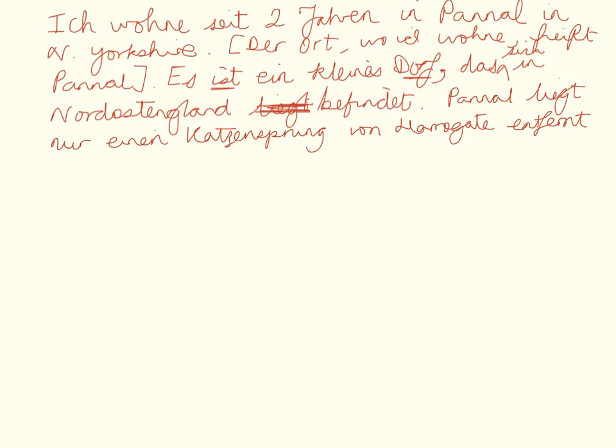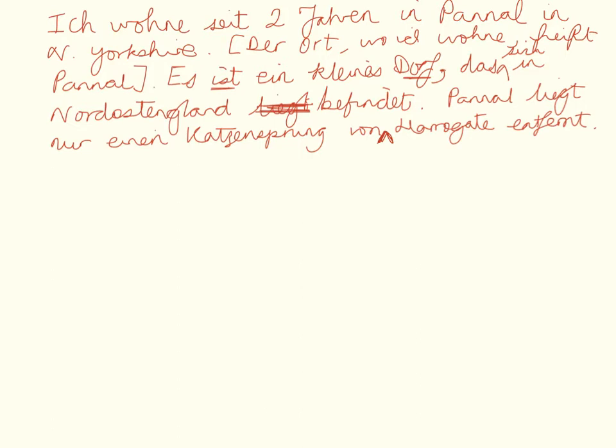I could say Pannal liegt nur 8 Kilometer von Harrogate. Right, I might want to say, let's think. Actually, you know what? Harrogate is actually quite famous because it's a spa town. So I'm going to add here after von: it's a stone's throw from the famous town Harrogate.